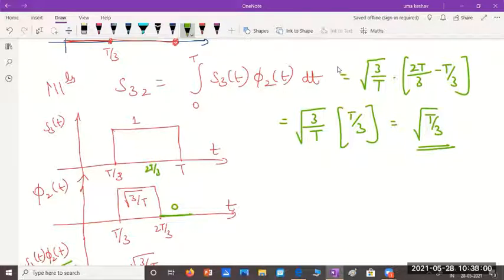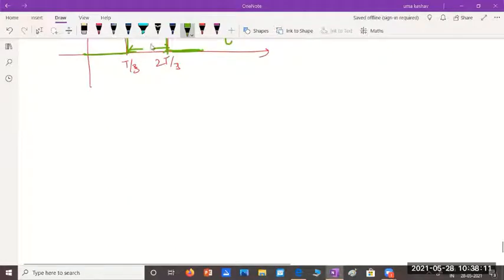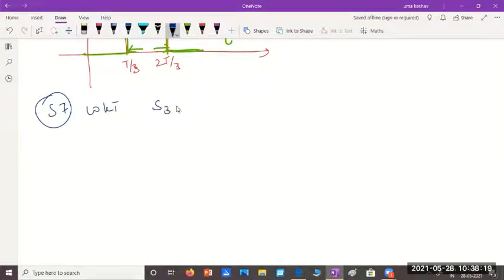Next, I have to find S33 and phi 3. So let me say step 7 or whatever we have. We know how I define S33 square.